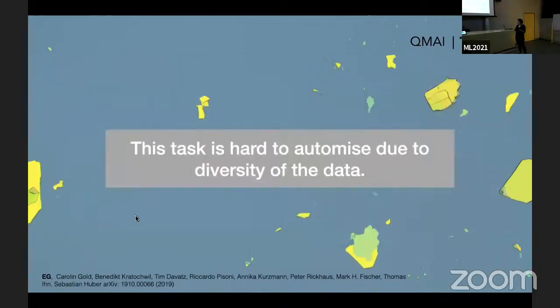So let me explain this diversity I am talking about on the example of this hexagonal boron nitride I have in the background. So for example, this flake would be potentially good. The light green tells you that it's relatively thin, so it could be a good device flake.